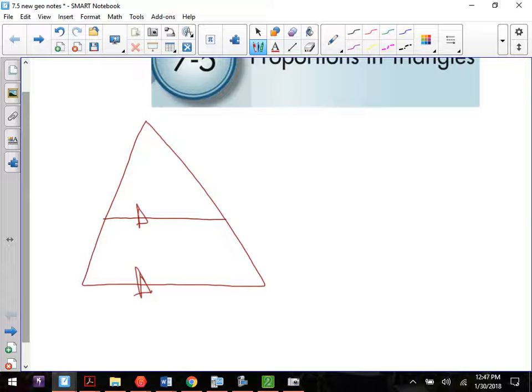But the general generic orientation of it then, how many segments are created on the sides of that one triangle? If you think about it, don't you have 1, 2, 3, 4 segments then? Think of this parallel line then as a fraction bar.